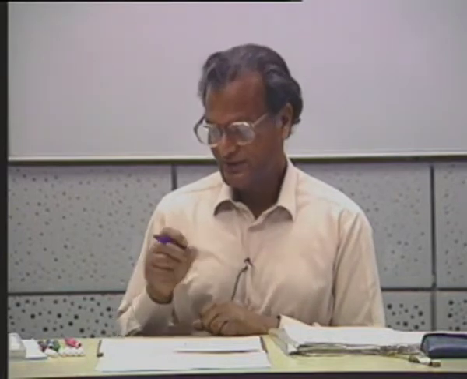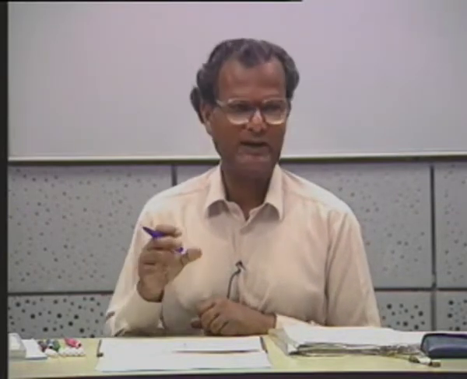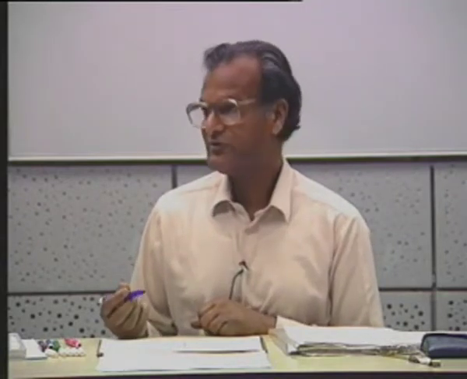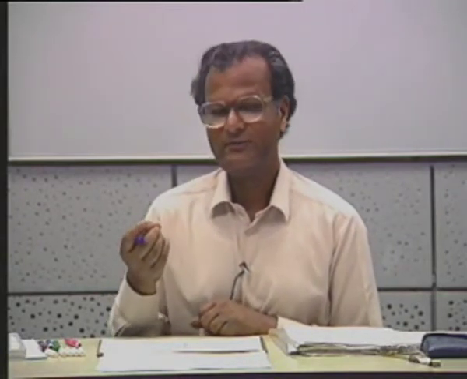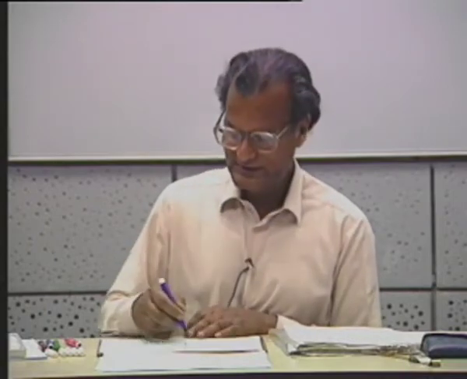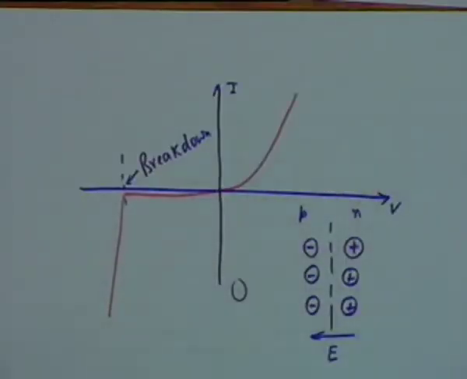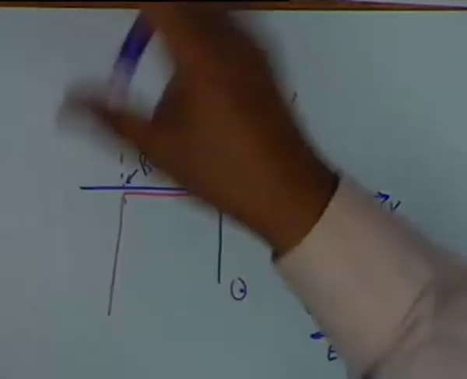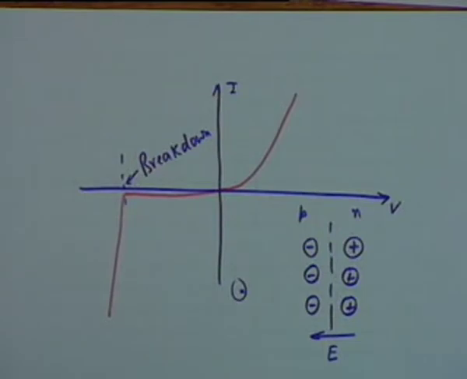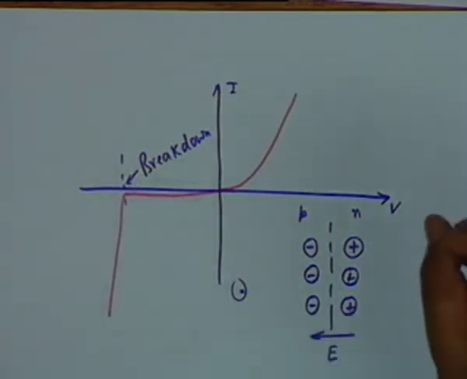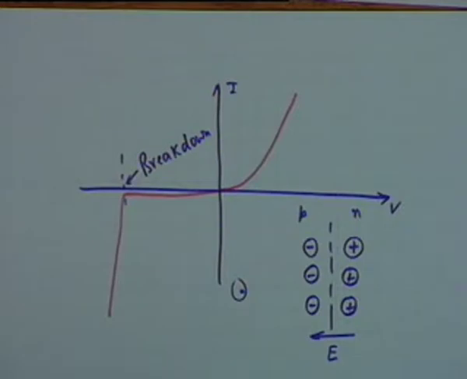Now, if this electric field is so large that it can attract an electron from a covalent bond, there is a silicon atom far removed from the junction, but if the field is so large that it can attract one of the electrons of this covalent bond, that is, if it can cause a rupture of the covalent bond and set electrons free, then as soon as an electron is set free, a hole also is generated.